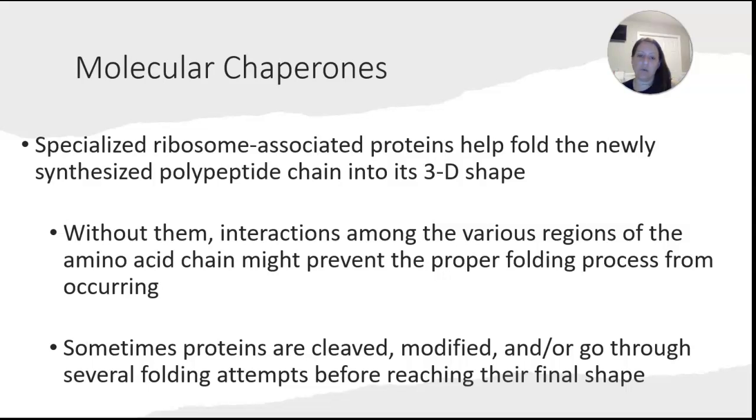They will create a space and assist proteins in this folding. Without molecular chaperones, there could be various regions of the amino acid chain that might interact inappropriately and prevent the proper folding process from occurring. And so again, molecular chaperones ensure proper three-dimensional shape.